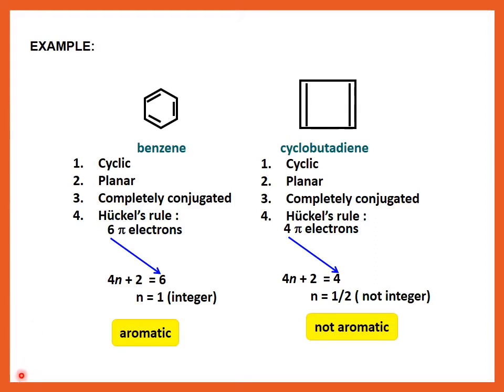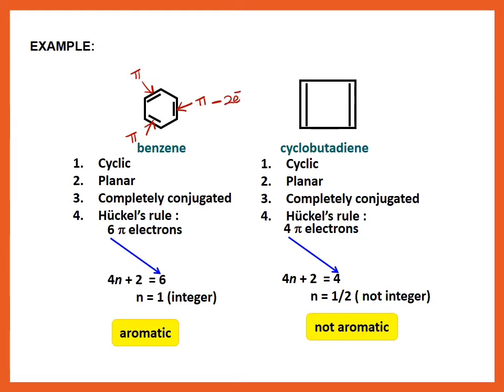So why? Look here. In benzene, we have 3 double bonds here. Inside each double bond, we know there is a pi bond. So here also, and here also. 1 pi bond consists of 2 electrons.